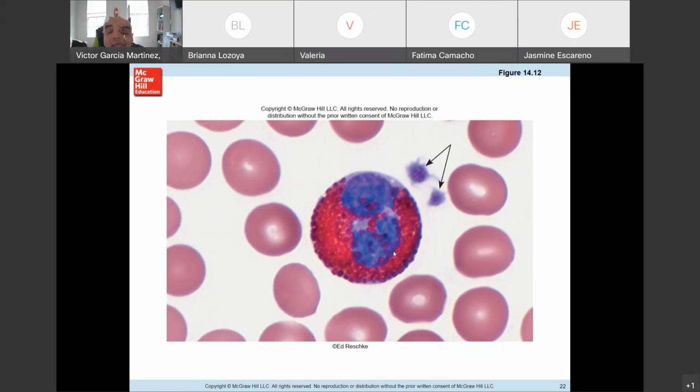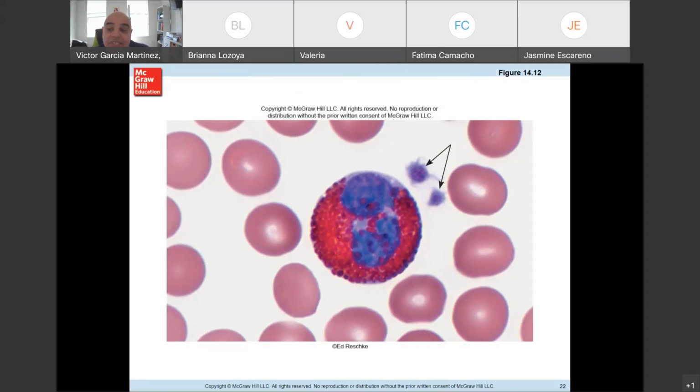Another kind of granulocyte is going to be eosinophil. They have granules inside, reddish granules. And these ones are normally 1 to 4%. If we have more than normal, for example, 10 or 20% of eosinophils, it's because we can have allergies, allergic reactions, or parasites, such as tapeworms.